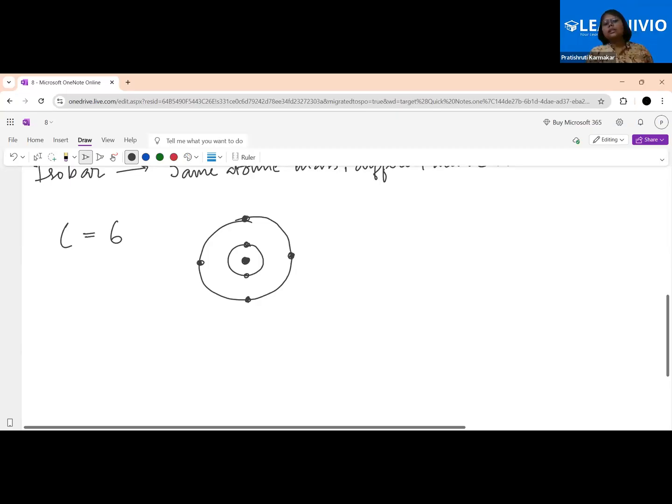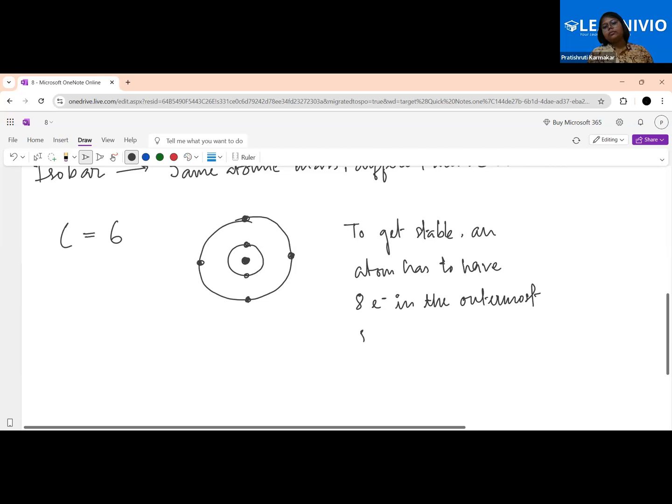So to get stable, the atom has to have 8 electrons in the outermost shell or orbital.